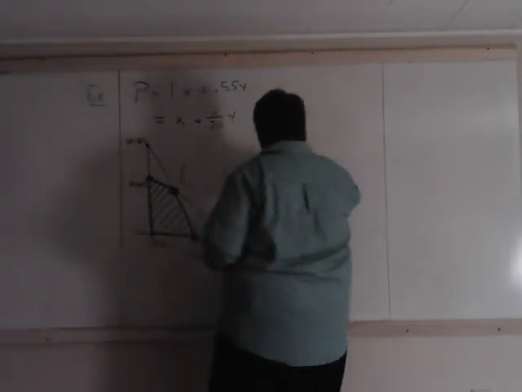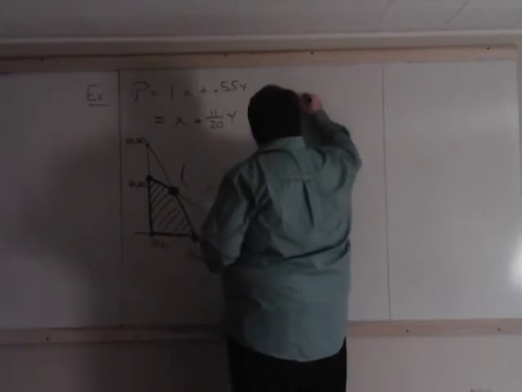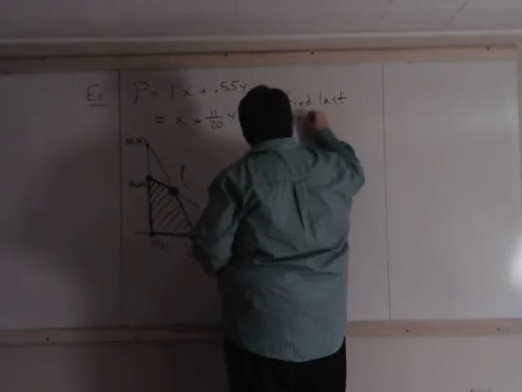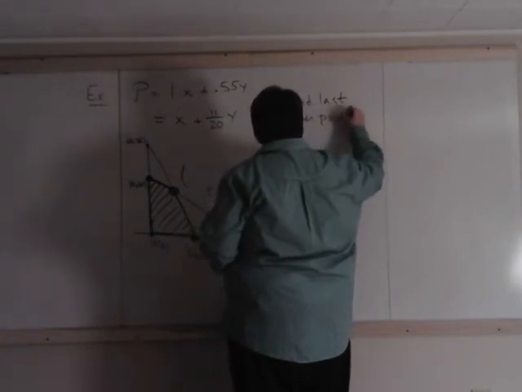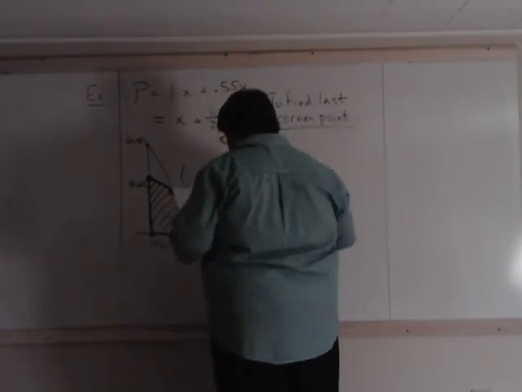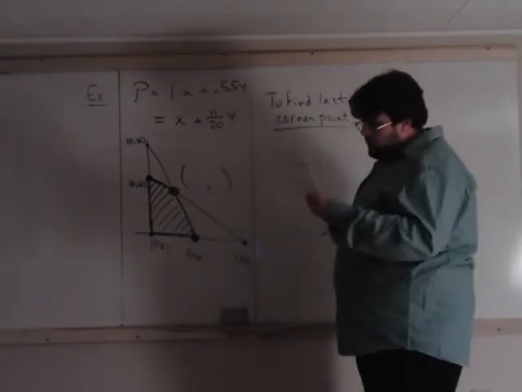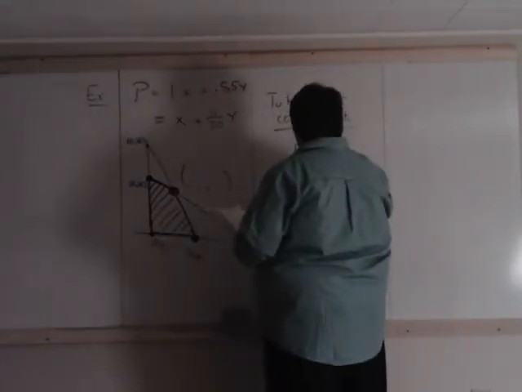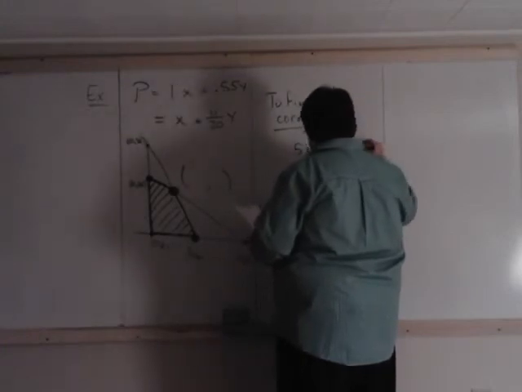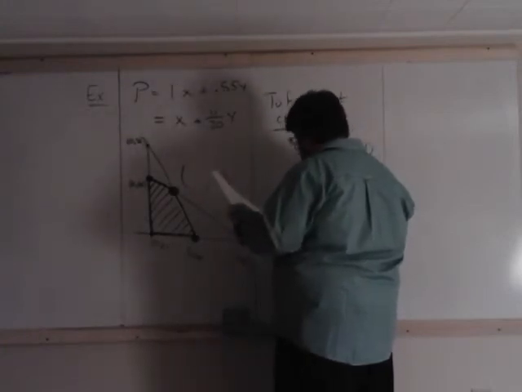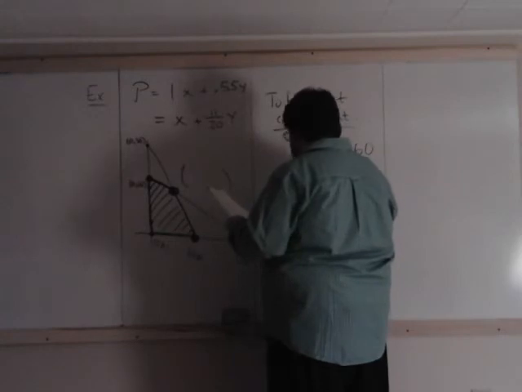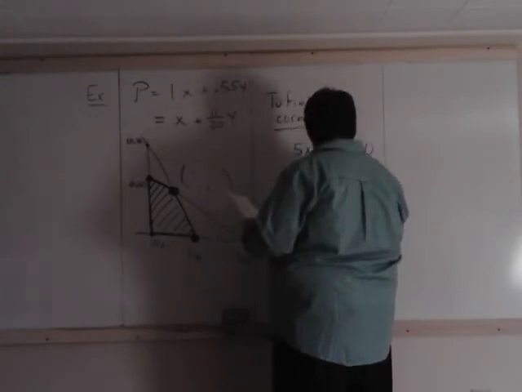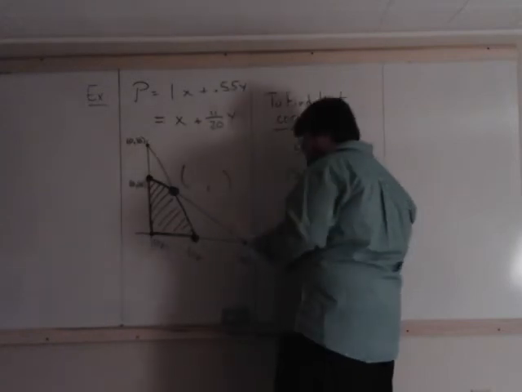To find the last corner point, what are the line equations? We have 5x plus 2y equals 60. And we have 15x plus 18y equals 360.